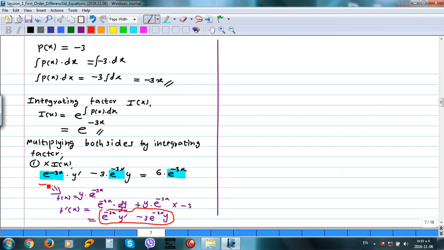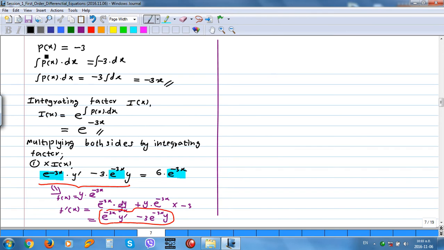And this part, what can you say? Both are same. So this is equal to d over dx of y times e to the power minus 3x, equals the other side as it is, 6 e to the power minus 3x.